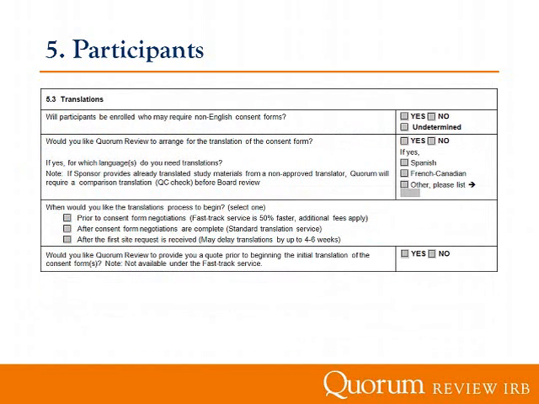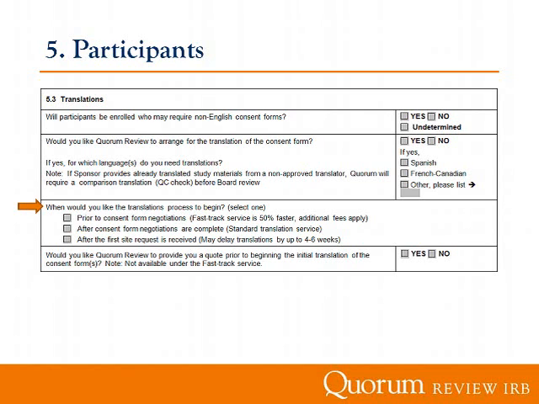Section 5.3 covers translations of the consent documents. You have the option here to indicate if any non-English speaking participants plan to enroll. If so, and you would like Quorum to handle the translation, we offer several in-house translation services for your convenience. If you choose Quorum to do this translation, you have the additional choice to indicate how fast you would like to receive it.